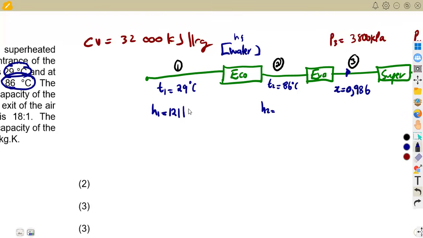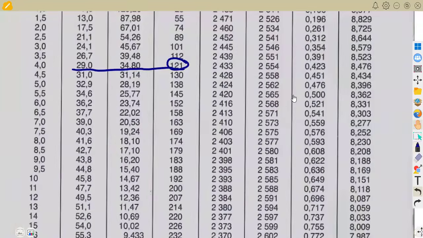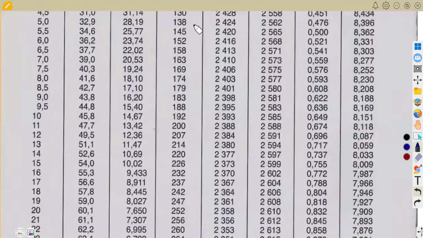Then H2, in this case, is again for water, but at 86, it is still water. Let's go to 86. Under the temperature column, this is the HF column that we want.